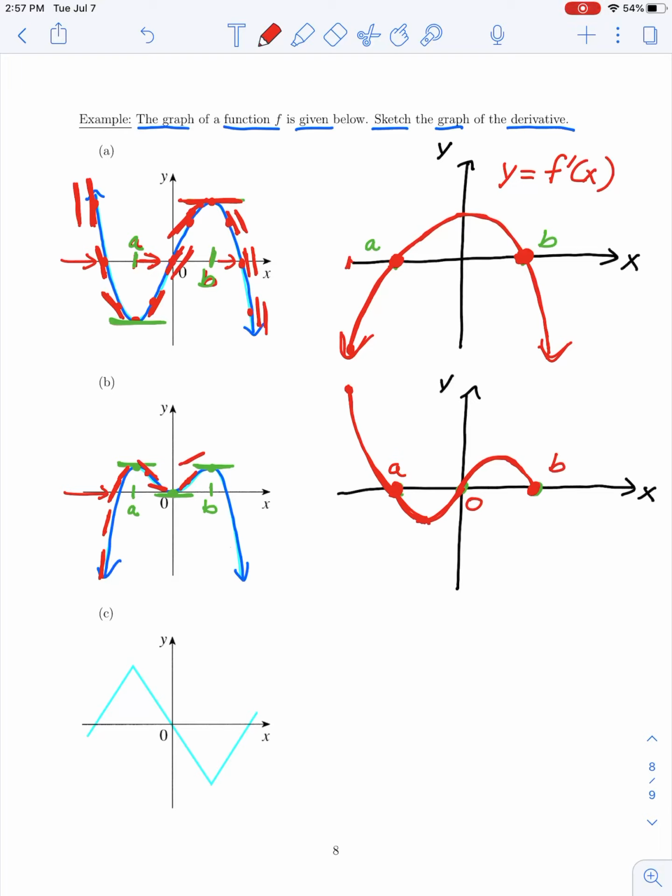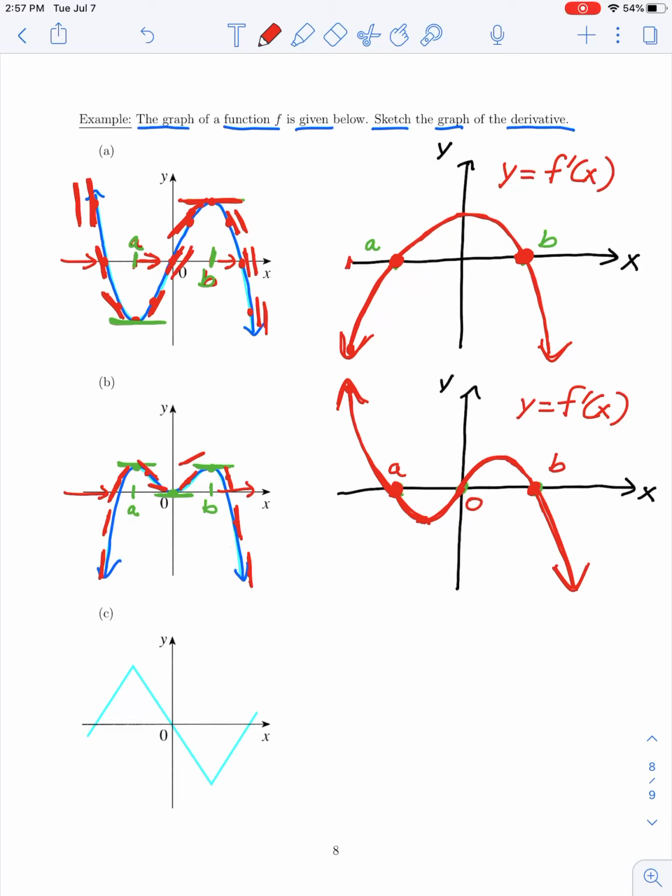And then once I move past x equals b, I can see the slope of the tangent line to my curve becomes negative again, and the larger x is, the larger the slope of my tangent line, so I'm getting larger and larger negative numbers as I keep increasing the values of x. So my derivative, y equals f prime of x, is shown here.